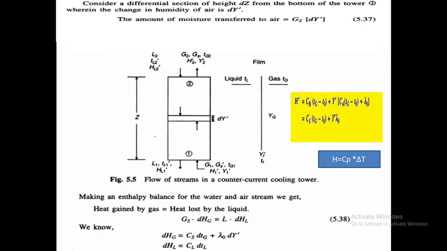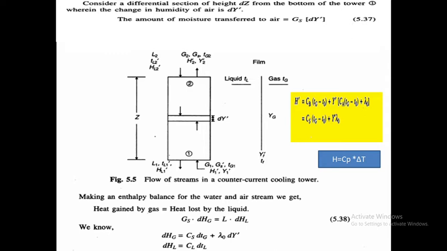So here Z is nothing but the height of the tower. Here the film is there. The film humidity is YF dash. TF is the film temperature. This is a gas liquid operation. So the liquid temperature is TL. Gas temperature is TG. Gas mole fraction is capital YG. Are you clear or not?